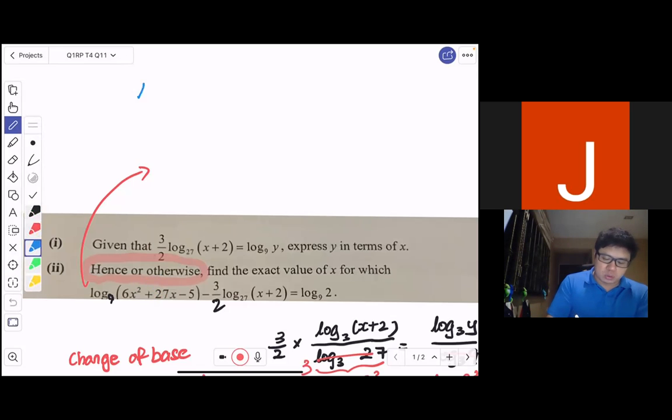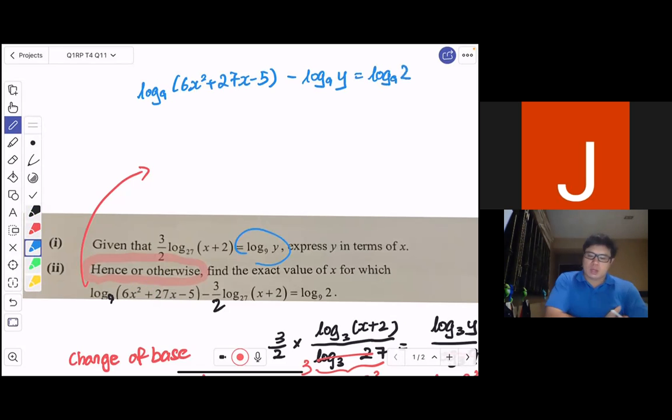So log base 9 of (6x squared plus 27x minus 5), and I'm just going to copy this log base 9 of y, equals log base 9 of 2. Using the quotient law, we can put these two logs together.